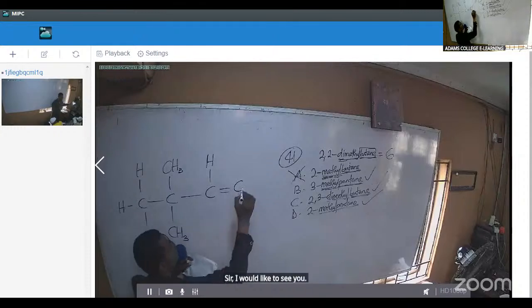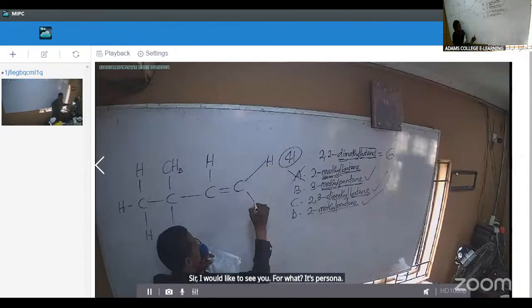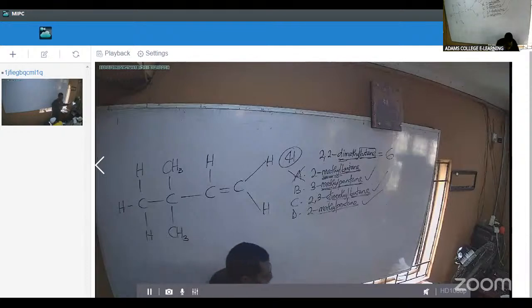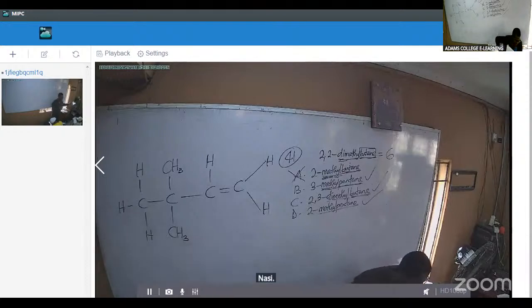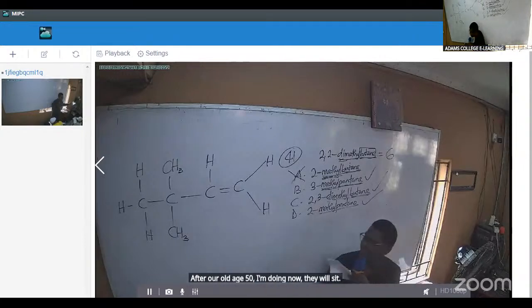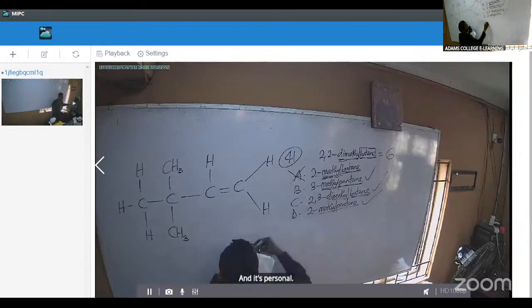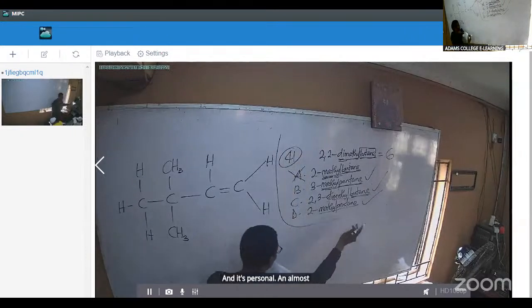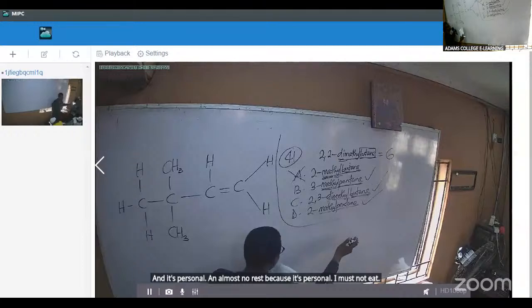For what? It's personal. Yeah, we now sit, and I say, sir, I don't like chemistry. After all these 50 questions I'm doing now, they will still come. And it's personal, and I must not rest because it's personal. I must not eat.